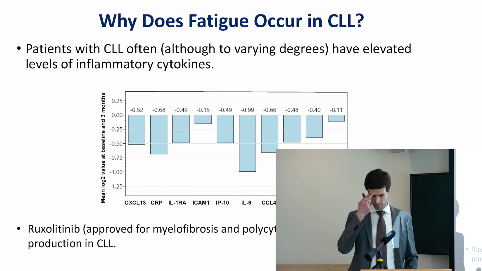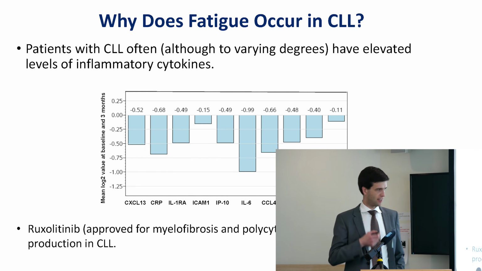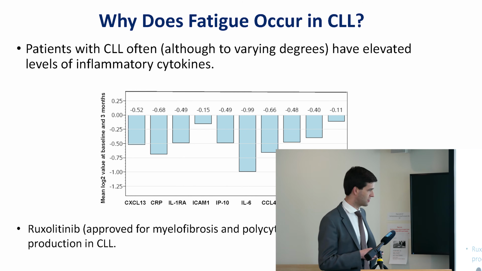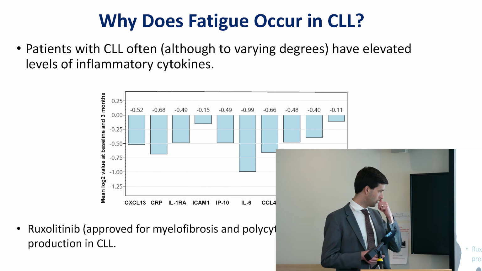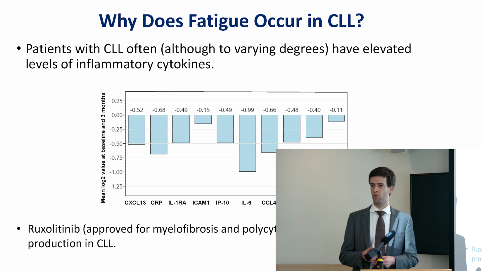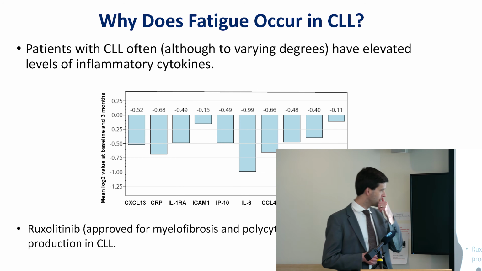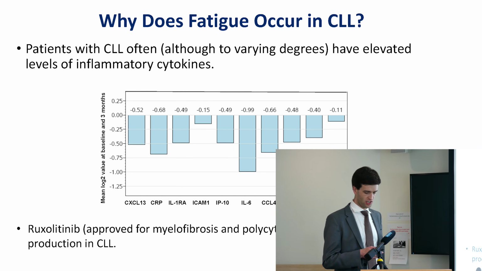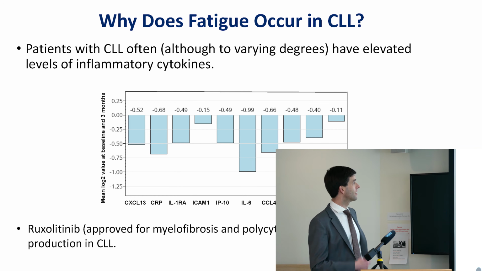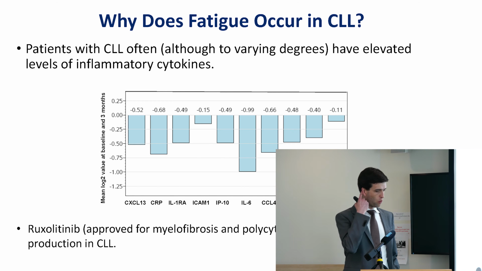One of my senior colleagues at MD Anderson was very interested in this concept, and he ran a clinical trial with a drug called ruxolitinib, which is approved in another type of cancer called myelofibrosis. It dramatically inhibits cytokine production in CLL, and this is what we call a waterfall plot.